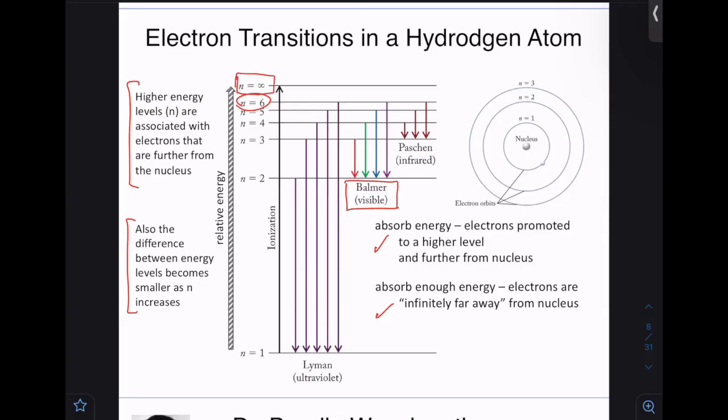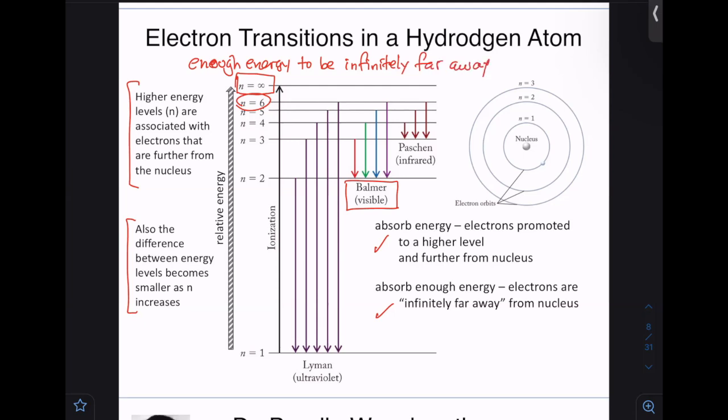Yes, there is a certain amount of energy that we can add. Notice the y-axis here is just relative energy. So as we're adding more energy, we can promote those electrons to higher energy levels. Yes, there is a certain amount of energy where now the electron will actually be infinitely far away.